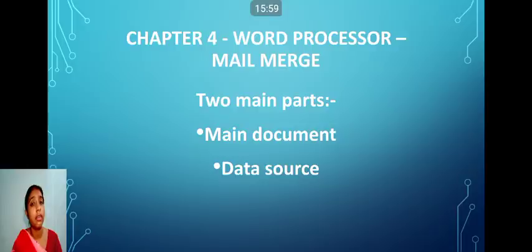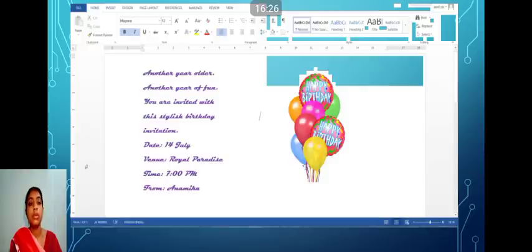If it is an invitation or a formal letter, no problem, you can simply write the content, the body of the letter. As I told you in previous sessions, the main document is the body of the letter. And in the data source we write the name of the recipient, address, phone number, contact details, and all the rest. Well, let's see how to do the mail merge.